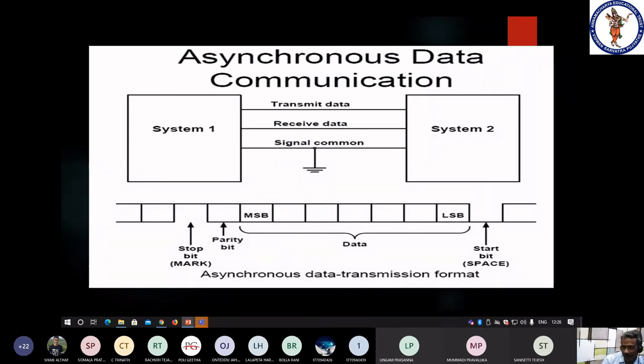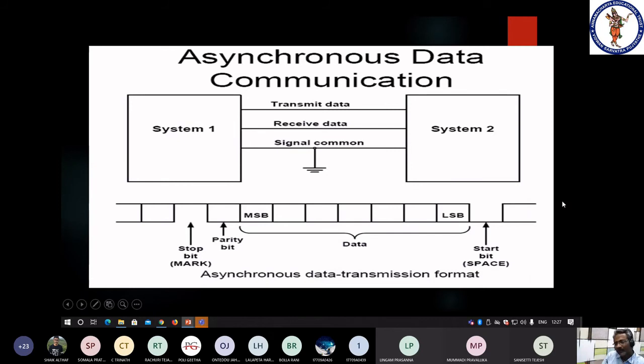Parity bit is optional. If parity is added, the total frame is 11 bits. If parity is not added, the asynchronous frame has 10 bits. Among the 10, the start bit comes first, the stop bit is last, and in between, 8 bits are the character. So that is the asynchronous data communication data format.